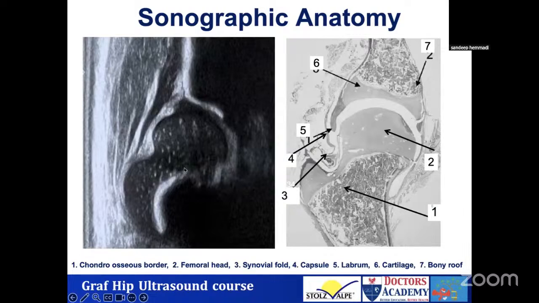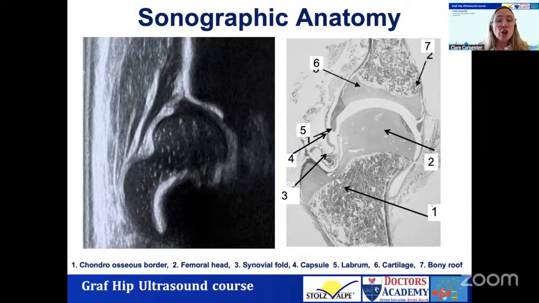Okay, so the anatomical checklist. We go through the chondro-osseous border, which is this intense white echo, because this is your developing and ossifying diametaphysis of the femoral shaft. You then come to your femoral head, and you come all the way around your femoral head to this white intense echo, which is your synovial fold.